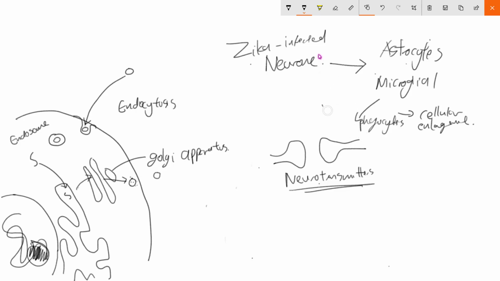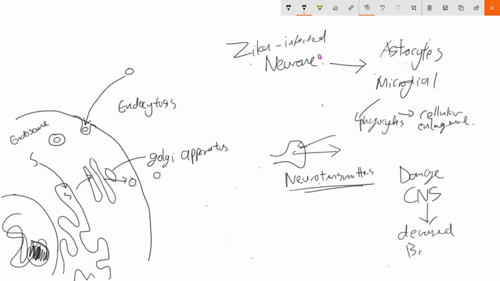So what happens when it engulfs a neuron? Let's say this neuron here is being engulfed, so this synaptic cleft is gone. Now you do not have this connection; there's nothing to transmit your neurotransmitters to, and nothing to receive. It causes a loss of synapse, and over time this causes damage to your central nervous system, which eventually leads to decreased brain mass.